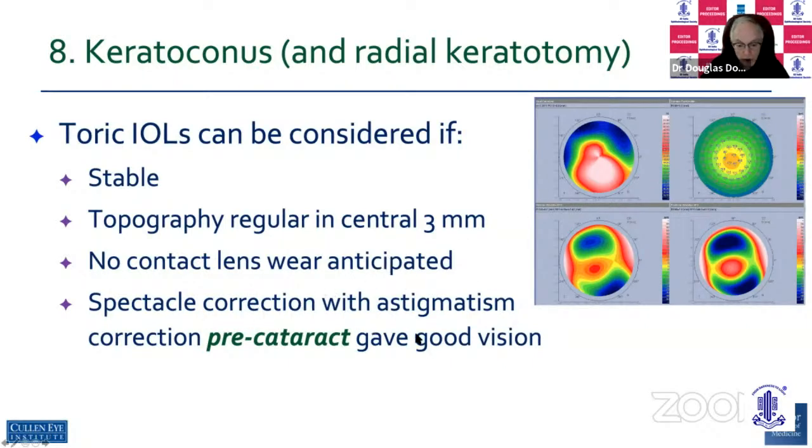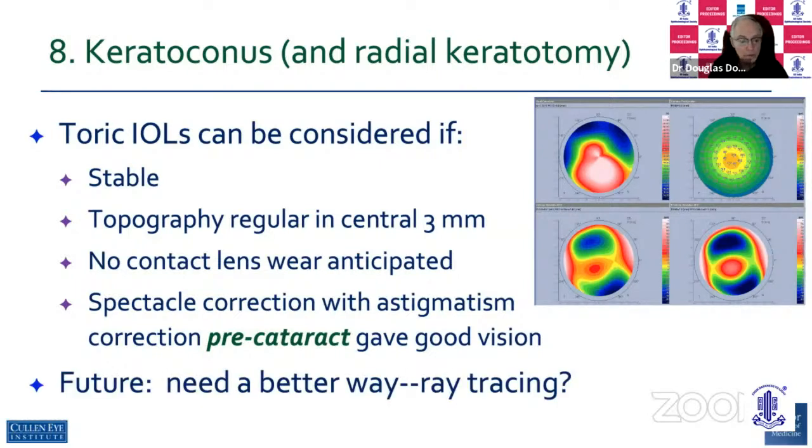And the spectacle correction with its astigmatic correction before the cataract, or when you can get a good refraction, gave good vision. If the spectacle astigmatism and the topographic and the biometric astigmatism line up relatively well with either RK or keratoconus, I'm pretty comfortable using a toric IOL, and we get good results with those.